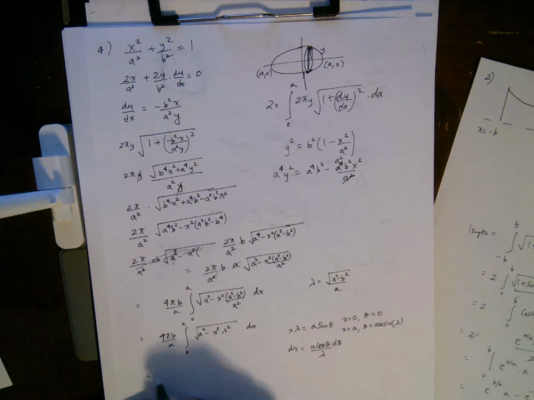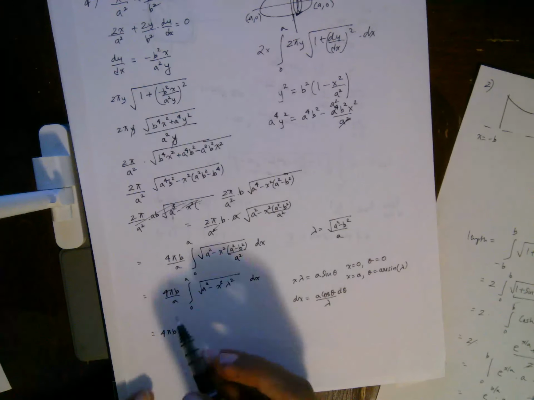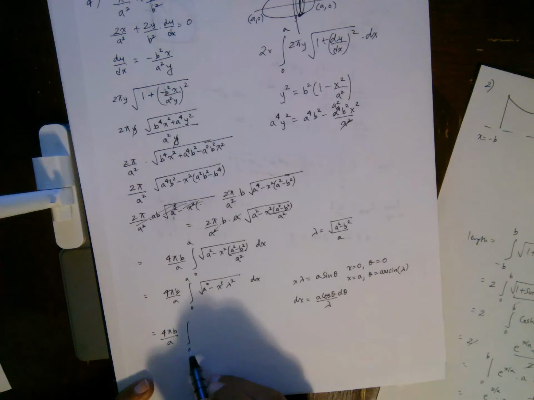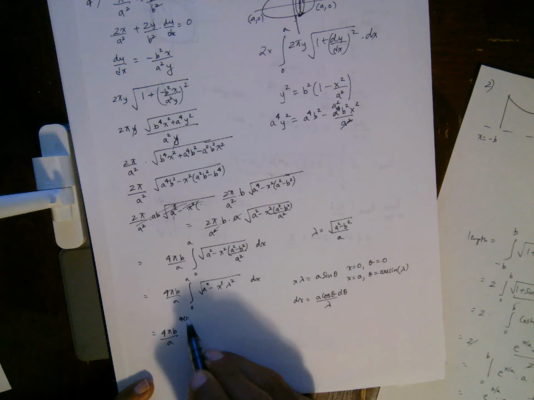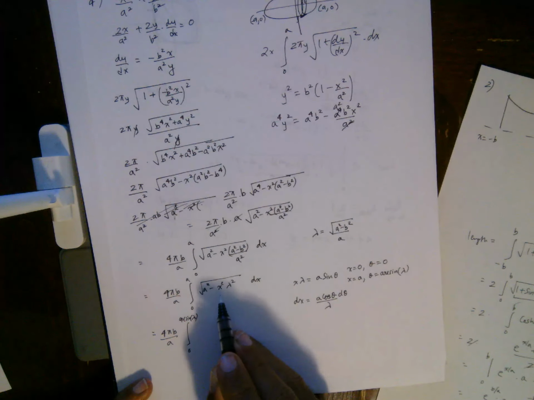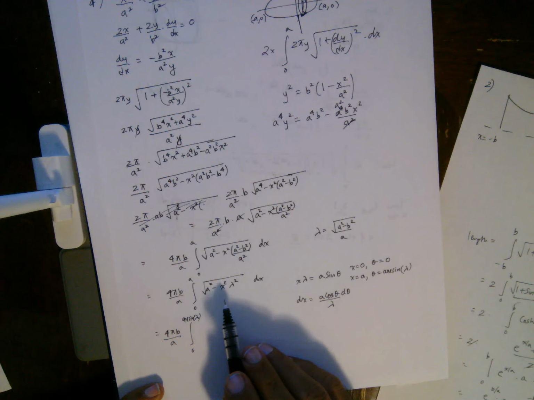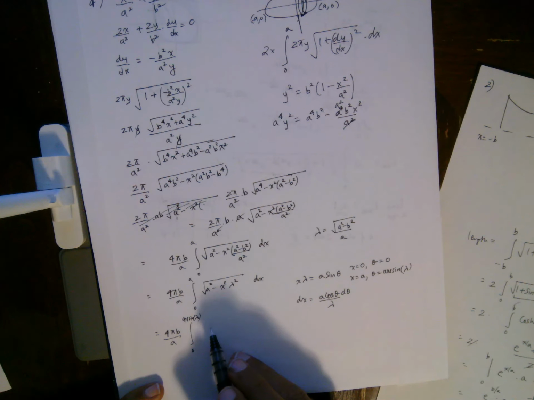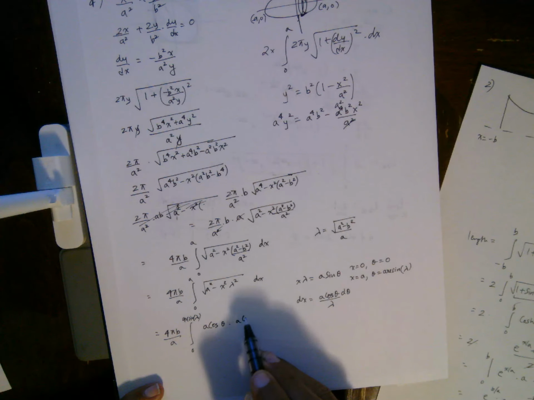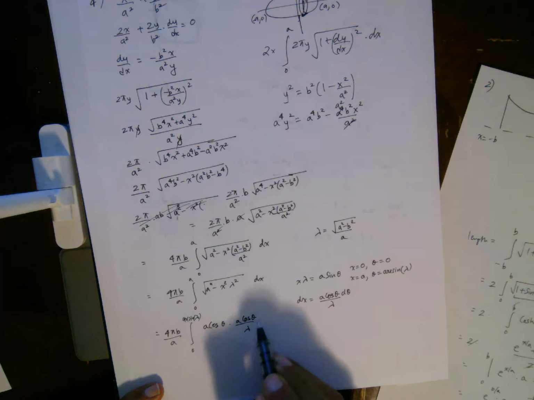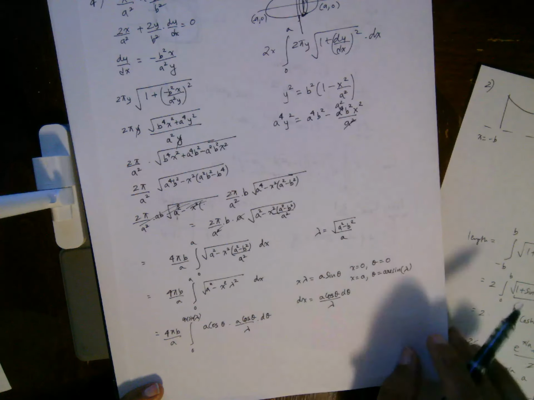And of course, the whole point behind the trig substitution was to change this guy into a cosine theta times lambda. But then I also get this another a cosine theta over lambda from changing the dx.